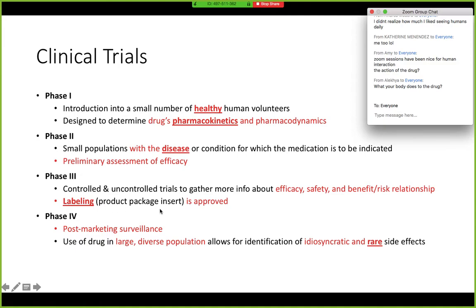Labeling is where they come up with the product package insert, and this is the indication for the drug, or what the drug is used for. And then in phase 4, you're talking about post-marketing surveillance. So in phase 4, you're giving the drug to a large, diverse population, and you're looking for those idiosyncratic or rare side effects. So when you talk about a black box warning being added to a drug, it's probably happening in phase 4.